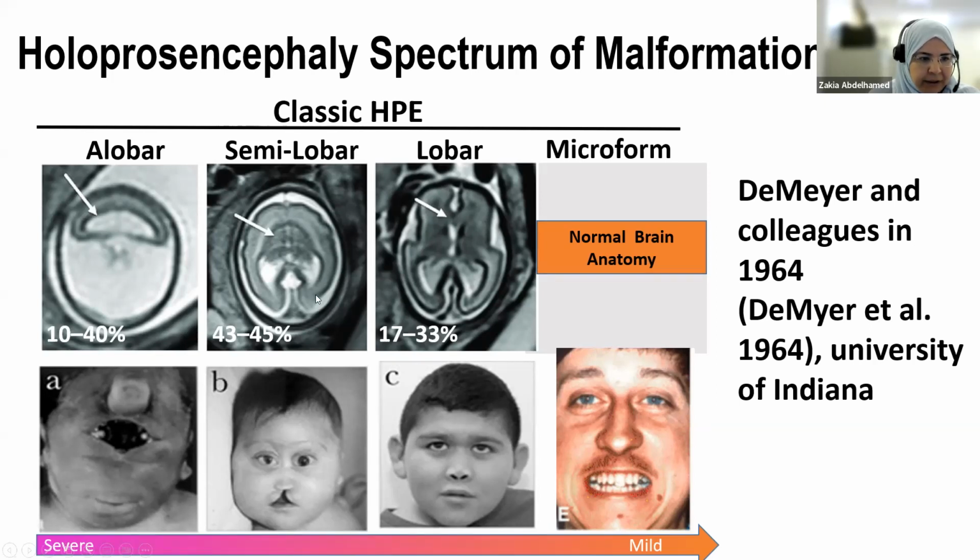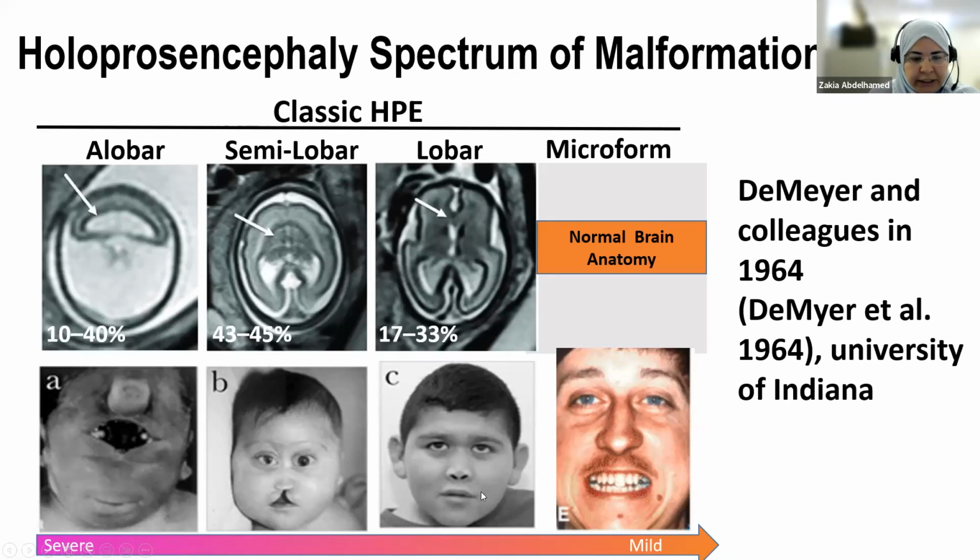And when it comes to the semilobar, the slightly milder form, we see a milder presentation along the facial structure, with hypotelorism, nasal bone dysplasia or aplasia, and midline cleft in the palate as well as in the lip.